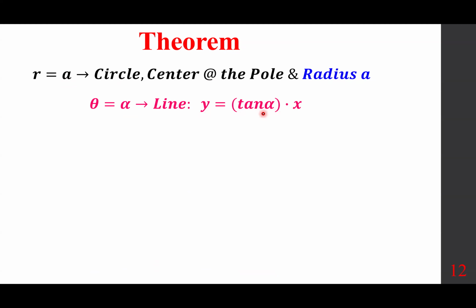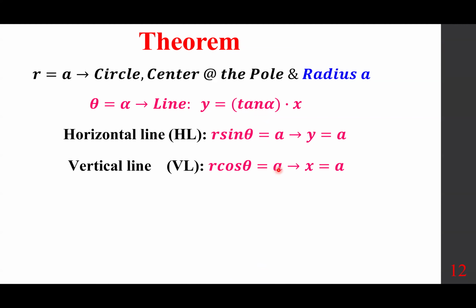This is a line, the slope is tan of alpha, and it goes through the origin or pole. When we have r sine theta equals a number, that is the horizontal line y equals a. When we have r cosine theta equals a, that's a vertical line, x equals a.